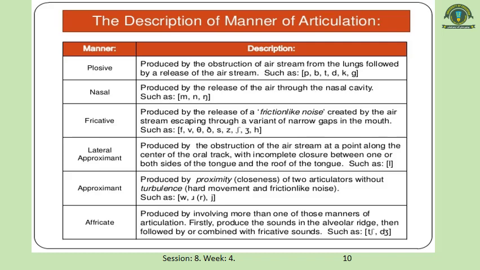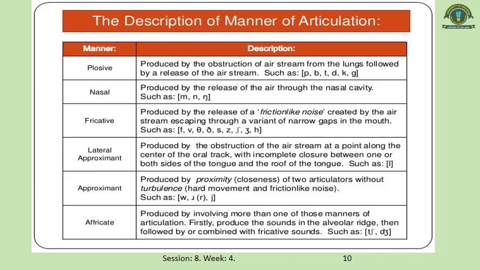They were in the same box, but now different manners are there. Because in the fricative world, we have got what sounds? F, V, Th, The, S, Z, Sh, J, H. How many are there? 9. Absolutely right. And now the affricate. We have got 2 sounds in affricate.